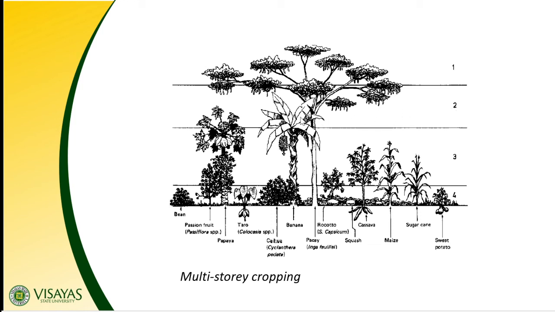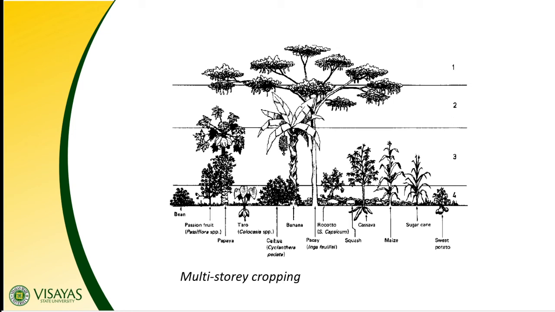In this case here, we have banana and also papaya. So look at their heights. And in the third level, the plants belonging here, we have the sweet corn, it could be the sweet corn or the white corn. And we have here the sugar cane.